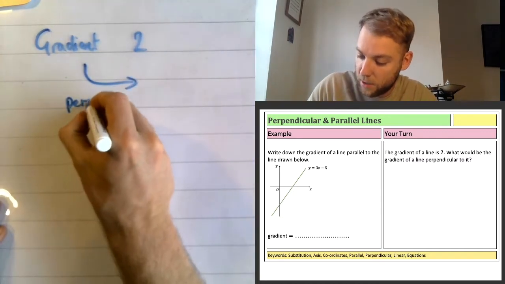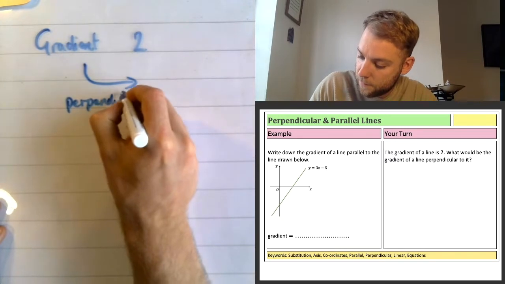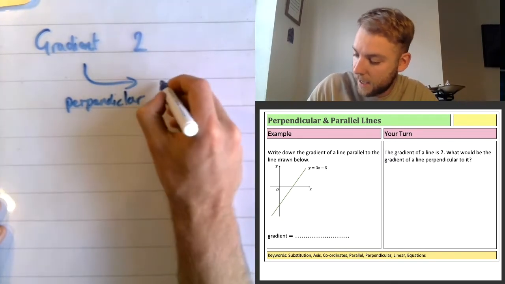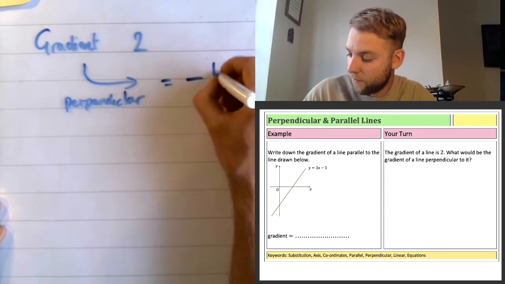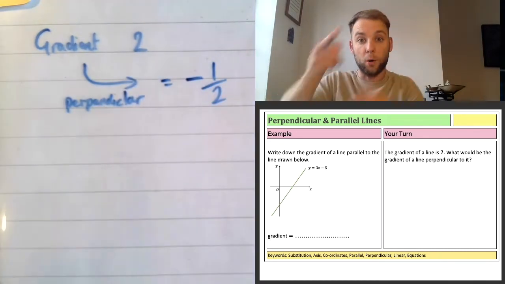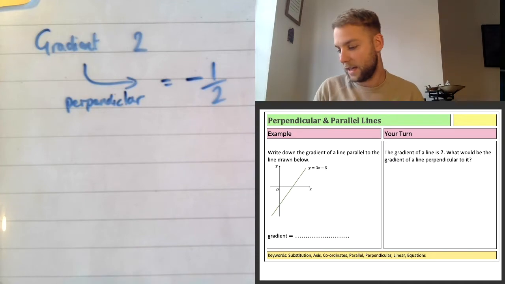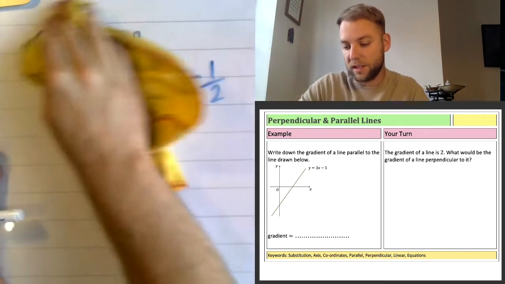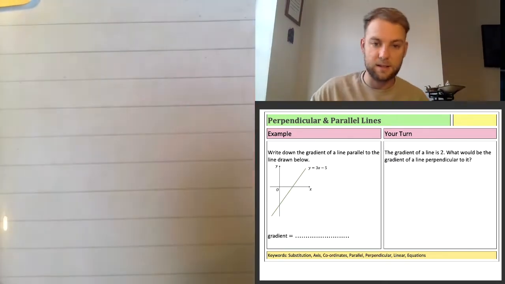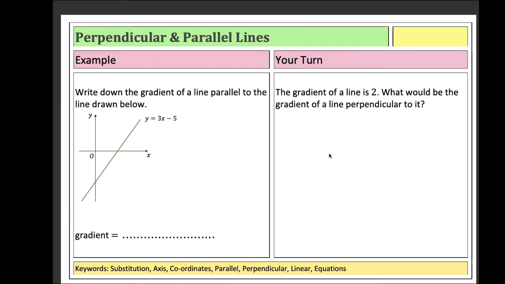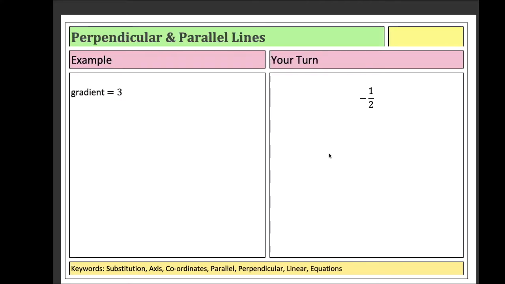So the perpendicular is equal to negative 1 over 2. So it's 1 over 2, and then it's going to have a negative in front of that, and that's always going to be perpendicular. Okay, so there's the first two questions, example 1, example 2. Let's just check those answers. So 3 and negative 1 over 2, absolutely brilliant. Remember, that could be negative 0.5, it doesn't have to be that.